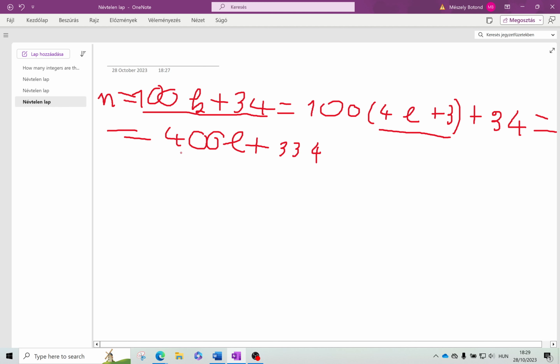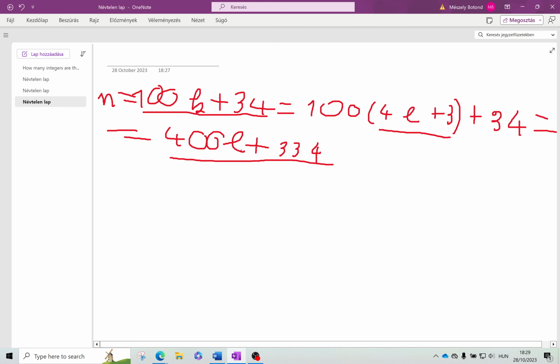We combine the two together and we get this equation which combines the two. So there will always be a number whose last digits are 34, and at the same time A in hexadecimal.